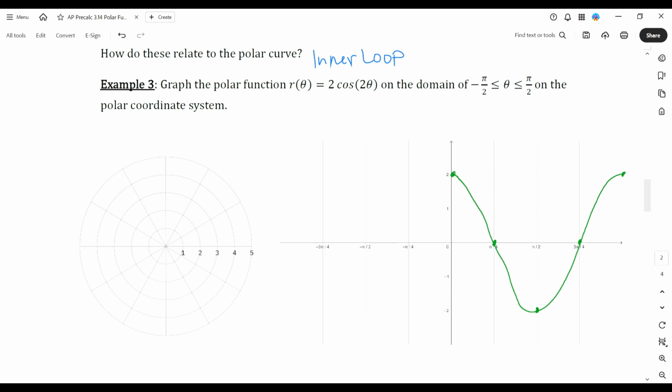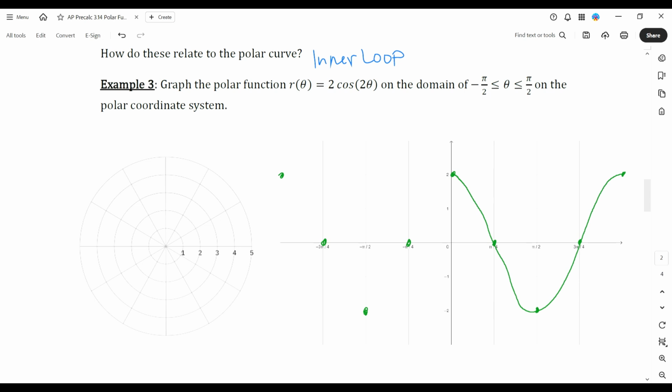So now that's from 0 to pi. I'm going to go now in the other direction. The pattern is the same. Cosine is an even function. An even function is a function that reflects over the y-axis.